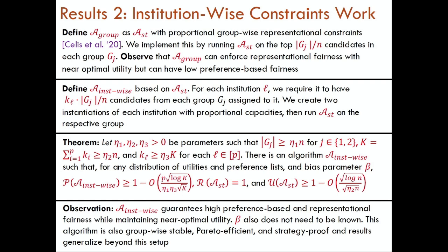So we compute two different allocations, and because the capacities have been broken appropriately, when we merge the two allocations, we do not violate the capacity constraints.